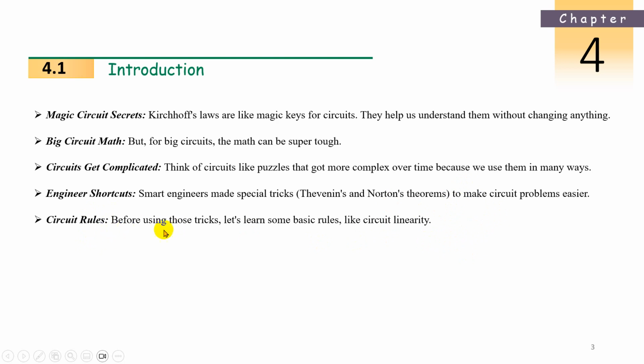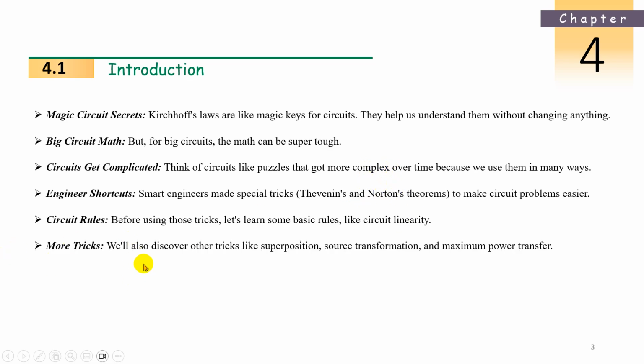Circuit rules. Before using these tricks like Thevenin's and Norton's theorems, let's learn some basic rules like circuit linearity. If you understand the linearity of circuits, like how the voltage behaves with the current and vice versa, then only you can solve complex circuits in a simple manner.